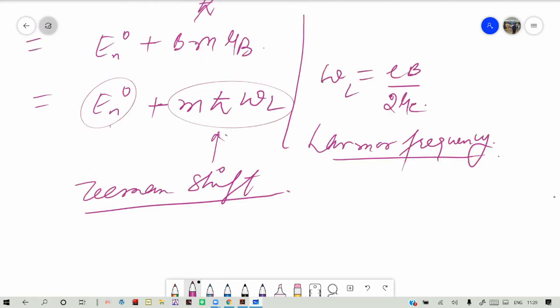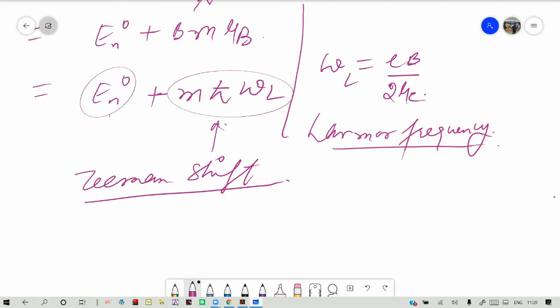And the important property of this normal Zeeman effect is that when these levels are separated, they are equally spaced. Because what changes here is only M. This omega L will change if we change the B, but if we keep B fixed, all the things will remain constant except M.